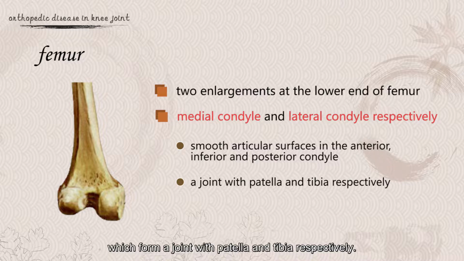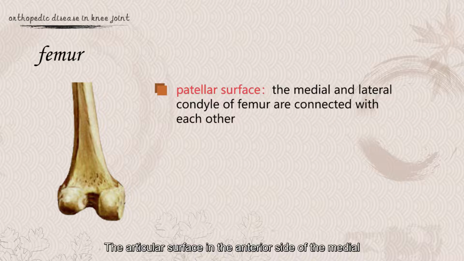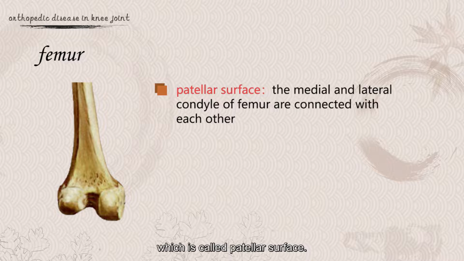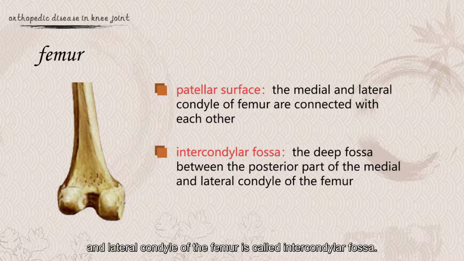patella and tibia respectively. The articular surface in the anterior side of the medial and the lateral condyle of femur are connected with each other, which is called patellar surface. The deep fossa between the posterior part of the medial and lateral condyle of the femur is called intercondyle fossa.